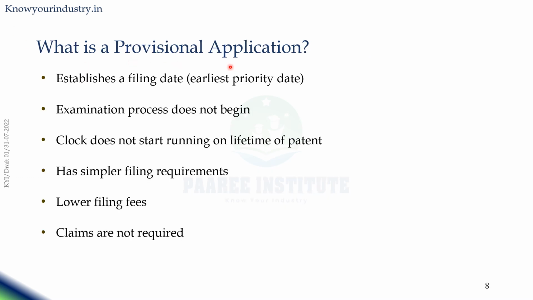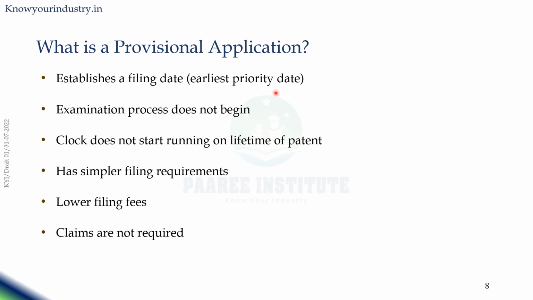What are the benefits of provisional patent application filing? A provisional patent application establishes a filing date, the earliest priority date. After filing a provisional patent specification, an inventor is entitled to an earlier complete patent specification filing date.